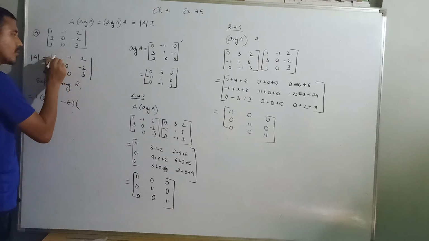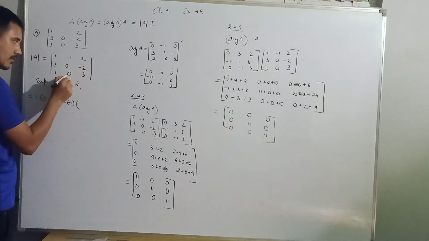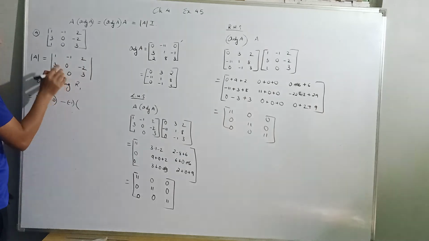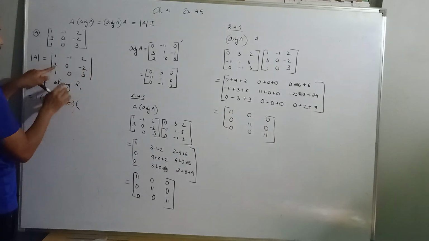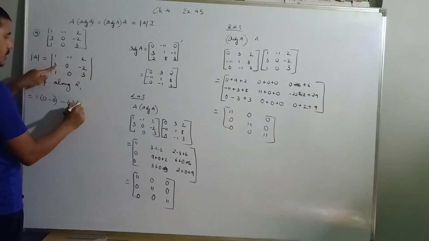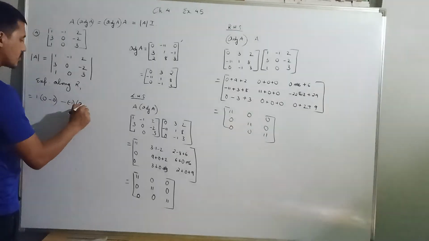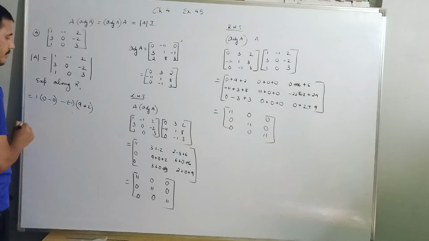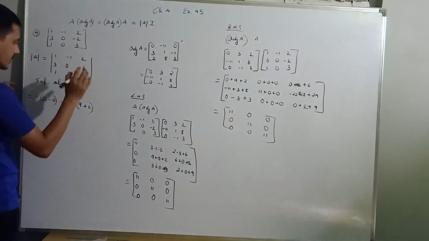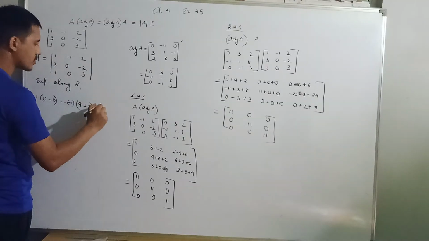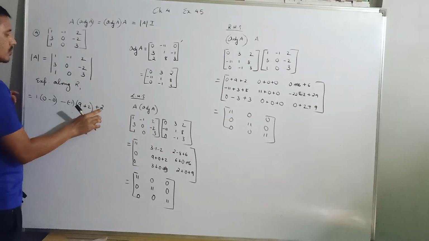Now, this element belongs to first row and second column. So we neglect this row and this column. We cross multiply the remaining elements. 3 into 3, 9. Minus 1 into minus 2, so plus 2. It's correct. Plus this 2 times, into 2 assists, so 2.